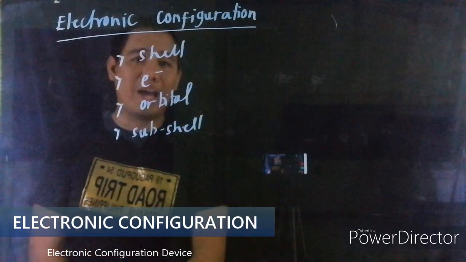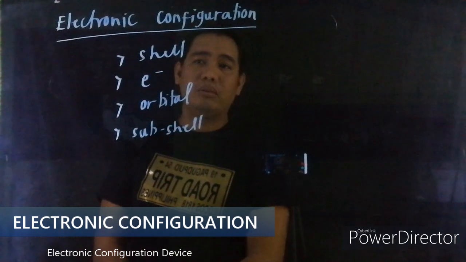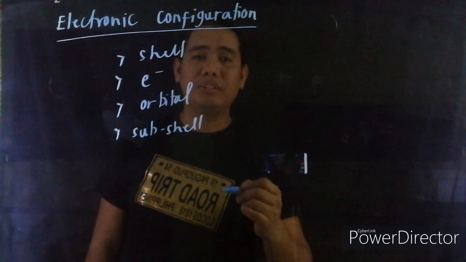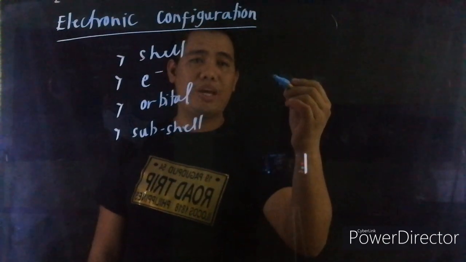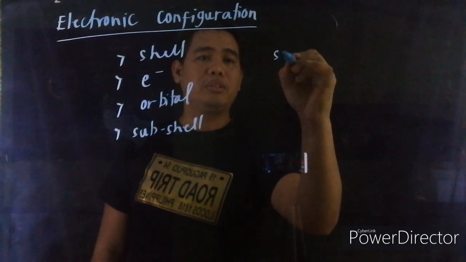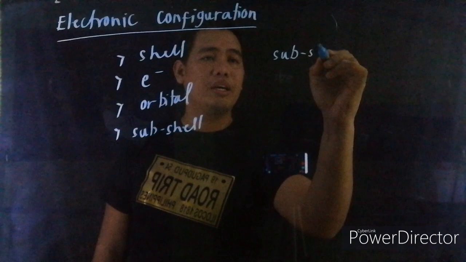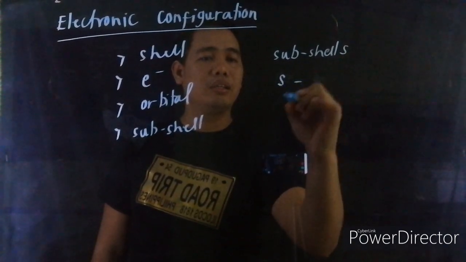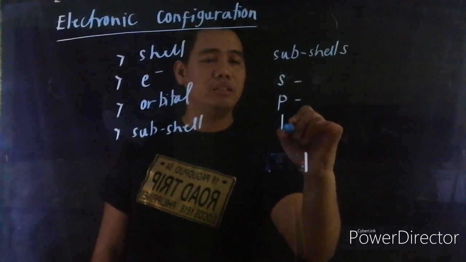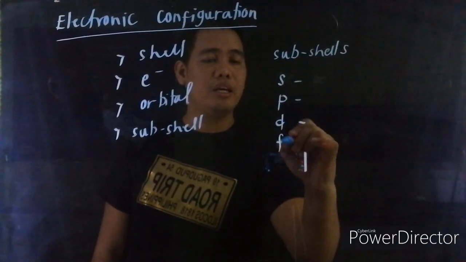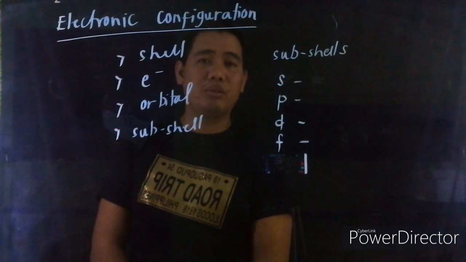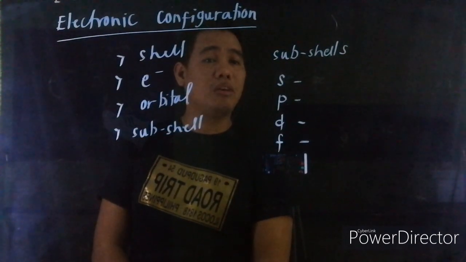So we all knew that we have the different shells. We also have the different subshells, like the S, the P, the D, and the F. Each of these corresponds to the maximum number of electrons they can hold.